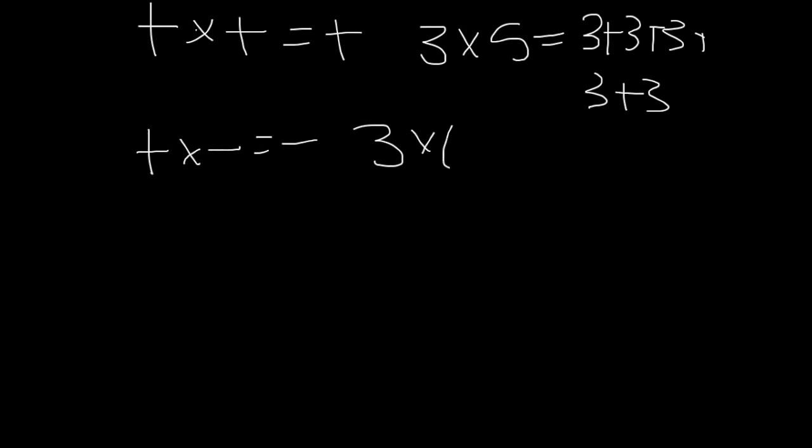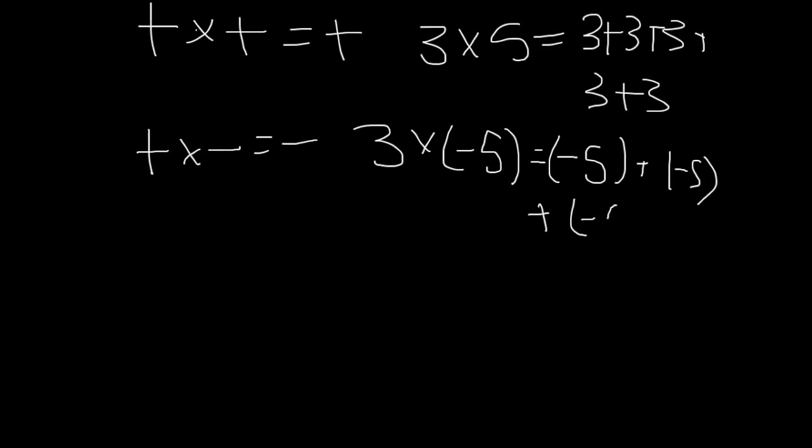We can also make it negative 5 times 3. So basically, you're having 3 groups of negative 5, right? That's negative 5 plus negative 5 plus negative 5, which basically is negative 15, since you can just pretend that negatives don't exist. Then you just add them later.